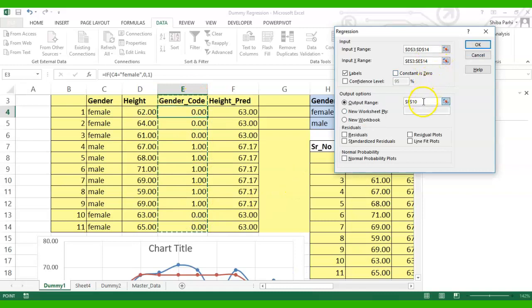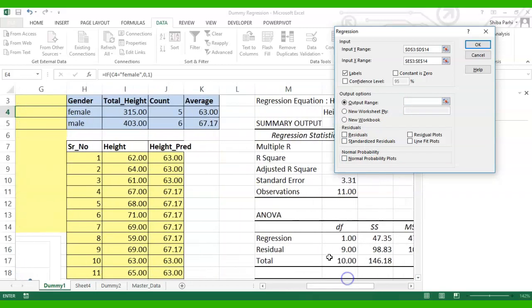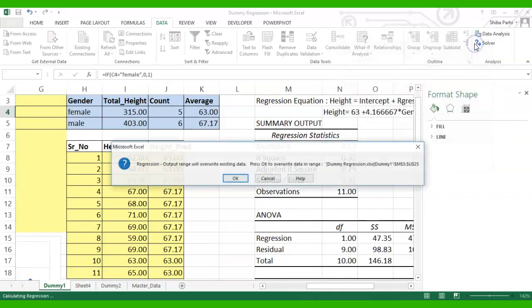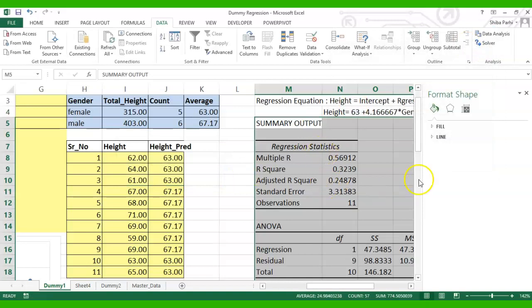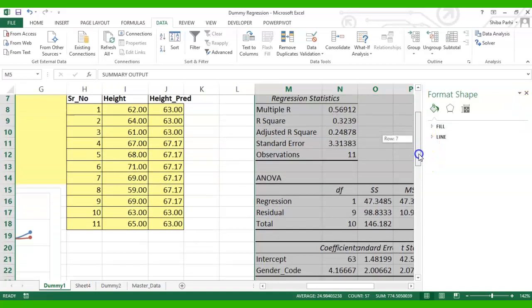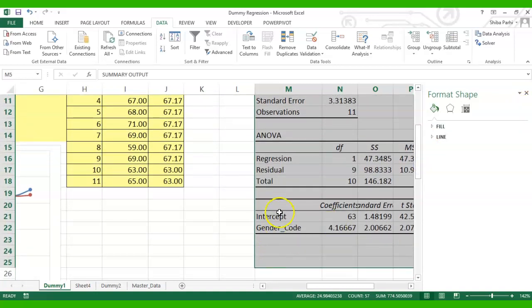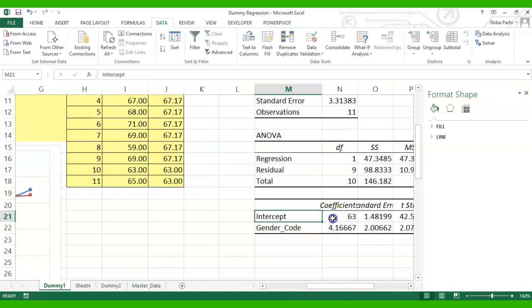You want to get the result wherever, like last time I got the result by putting here. So I got the output here. I got the R square 0.3239, and the regression also 0.56. If I see, this is my intercept, and this is the regression coefficient.